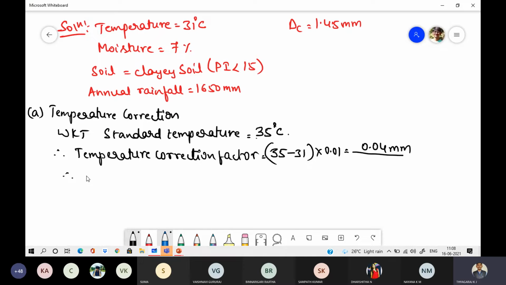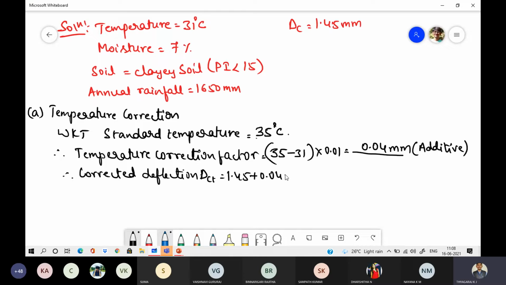Now therefore corrected deflection, or we can call it DCT, temperature, is 1.45. Is it additive or subtractive? Additive. Yes, it is additive. So mention in the bracket additive.